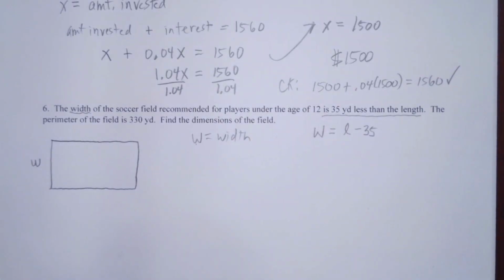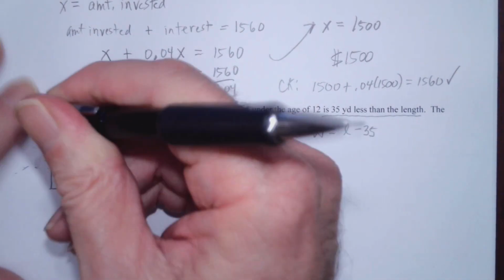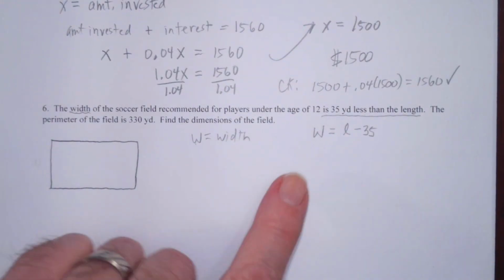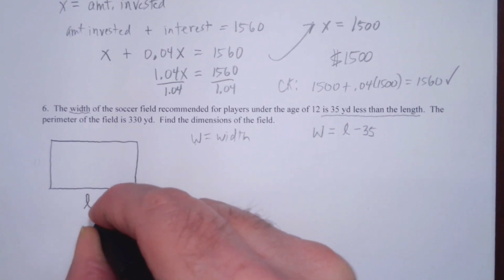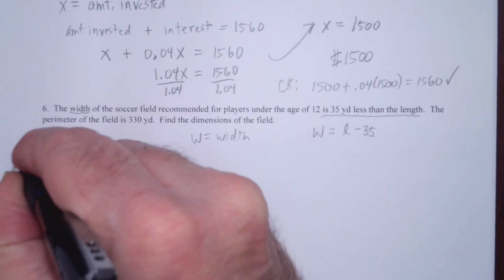And so this is kind of an exception to the rule. Like I said, we'll normally call the shorter side the width. But notice here, if we call this L, the longer side, we know that the width is L minus 35.